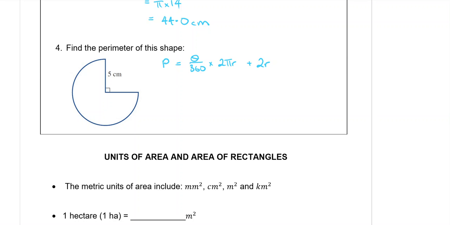Now the question is, what is the angle? If it's 90 degrees here on the outside of the circle, the angle inside here would be 360 minus 90, which is 270 degrees.